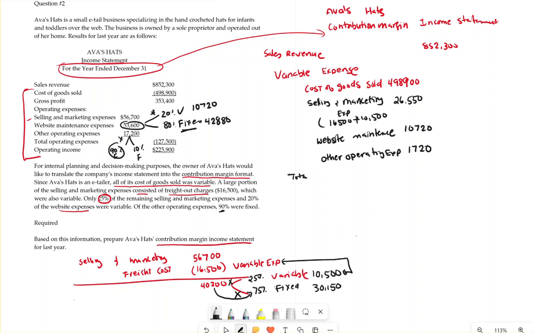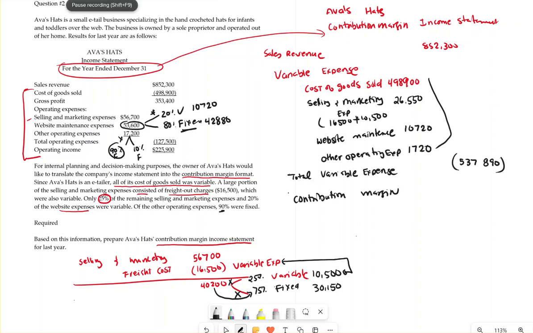You can have another title, total variable expenses. In this case, I add them together, and my total variable expense is 537,890. If that's my variable expenses, then we have something called a contribution margin, and the difference between the two will be your contribution margin.